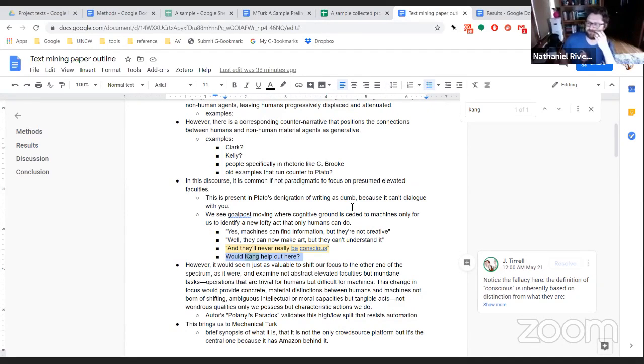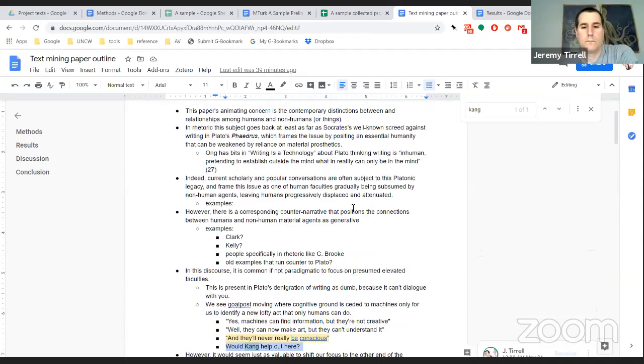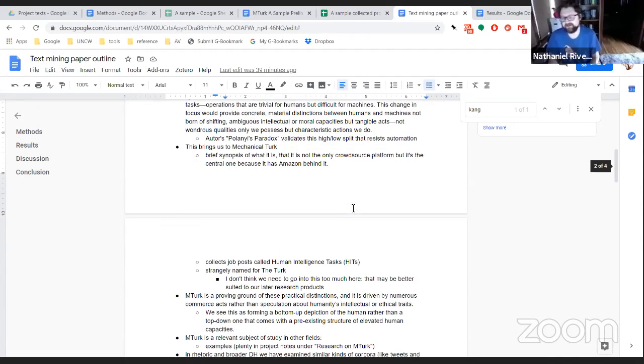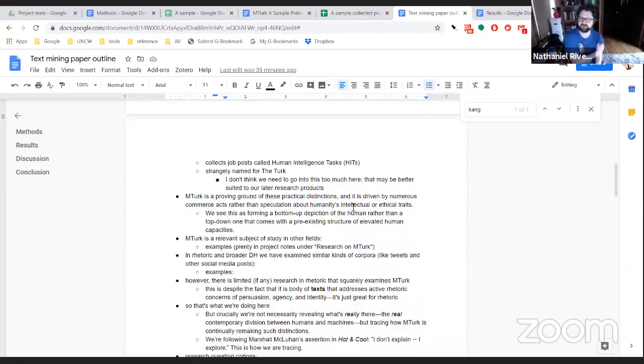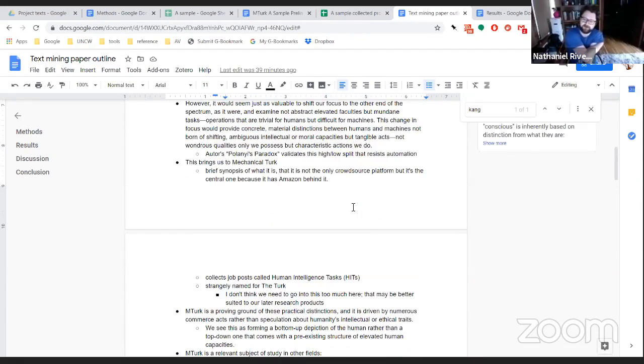But it's also a way of tracing the cultural technique we're getting at, which is that the cultural technique that results in the concept of the human is always this back and forth between what's possible through automation and what isn't. At least that's how I'm starting to understand the mechanical Turk.